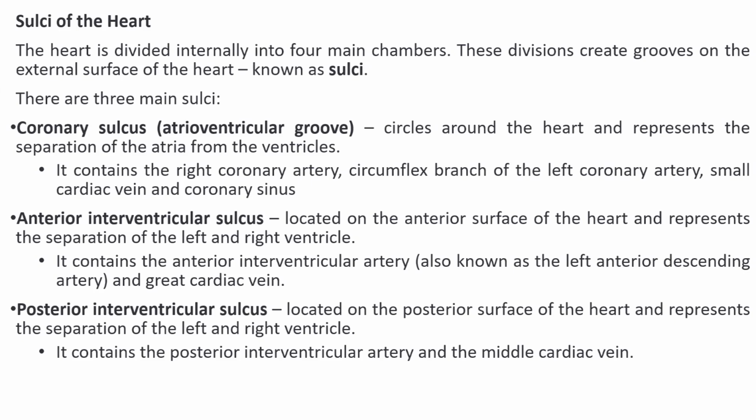The next sulcus is the posterior interventricular sulcus. It is located on the posterior surface of the heart and represents the separation of the left and right ventricles. This sulcus contains the posterior interventricular artery and the middle cardiac vein.